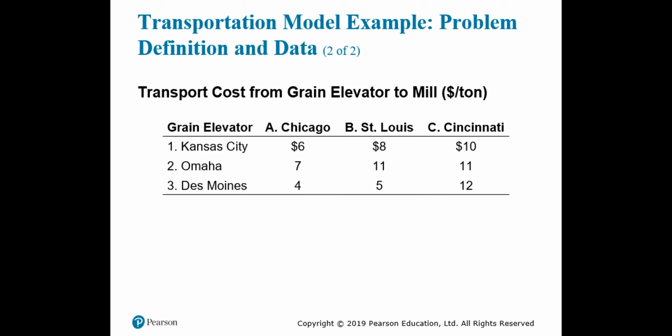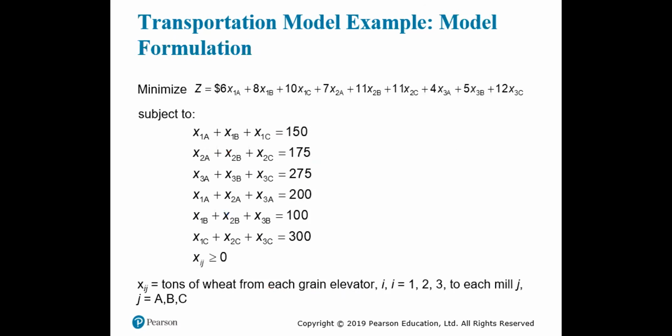Just know that the supply is from the grain elevator station, and then the demand is at the mills. Okay, that way it's easy to understand. Then the last constraint is our non-negativity constraint.